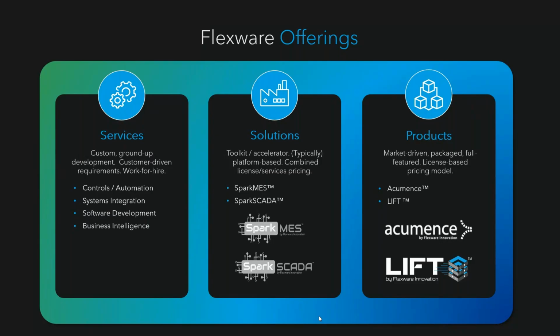The whole goal here is to accelerate projects and get things done faster at a lower cost. You see a couple of our solutions there in the middle, part of our Spark platform that's built on top of Ignition. And then finally, we've evolved some of our solutions into full mature products. On the right there, we have a product called Acuments, which is a manufacturing intelligence product, as well as our Lift platform, which we're going to be talking about today.